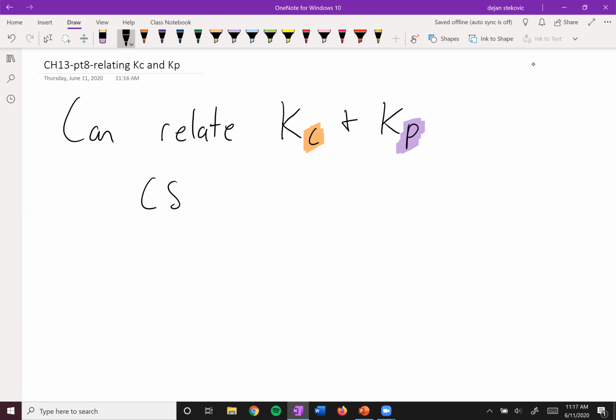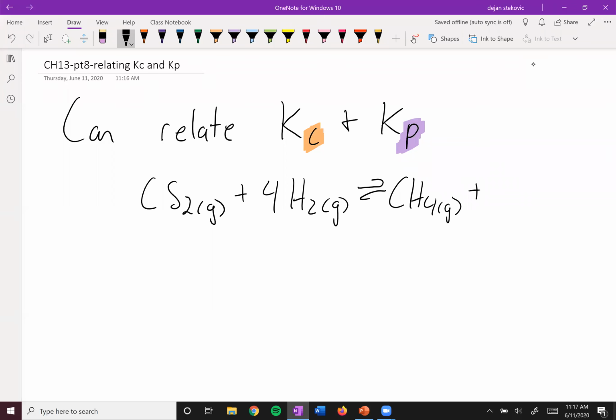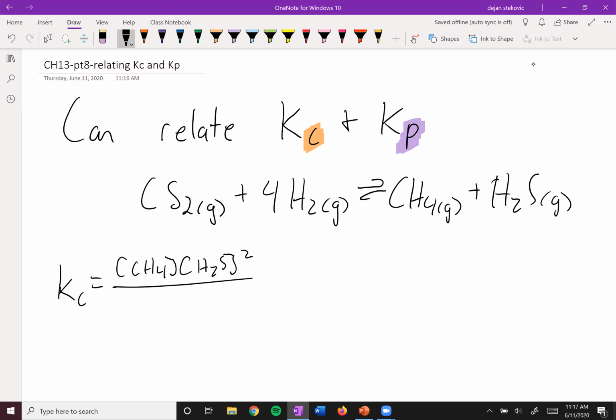So for example, if we have CS2 as a gas, combining with 4 H2, which are gases, to form methane, CH4, as a gas, and then 2 H2S as a gas, we can write its Kc in terms of concentration: CH4 times H2S squared over CS2 times H2 to the fourth.